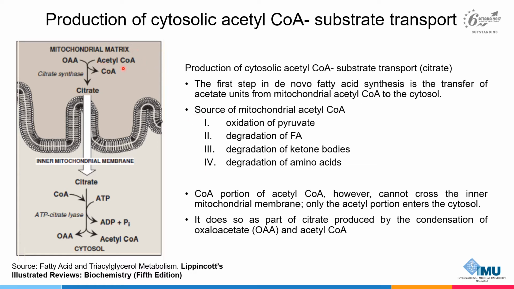Once you have extra acetyl-CoA inside the mitochondrial matrix, as what you see in the diagram here, your body wants to keep them for future use. And how it's going to keep them? It's going to keep them in form of lipid, to be precise, in form of triacylglycerol or triacylglyceride.